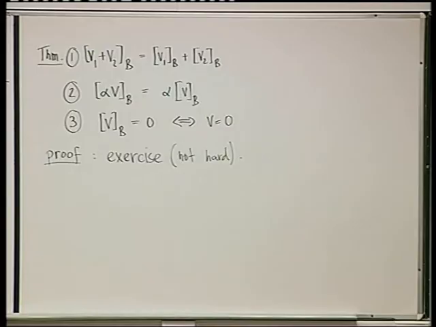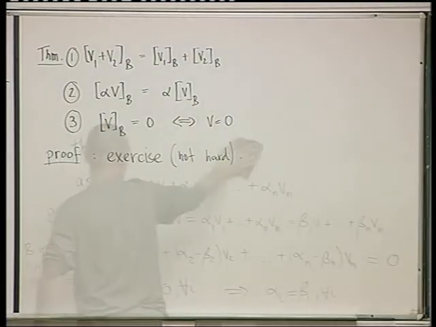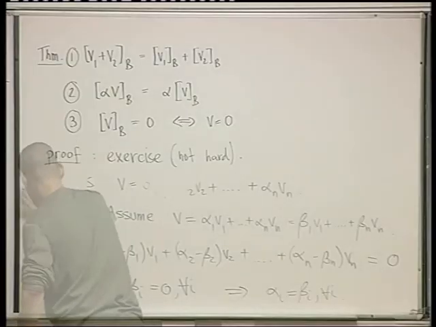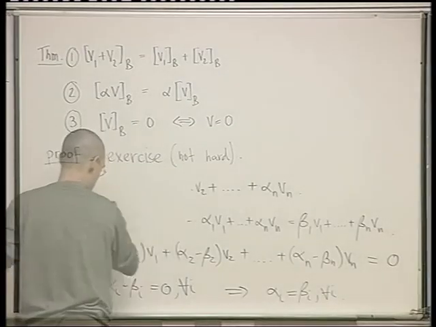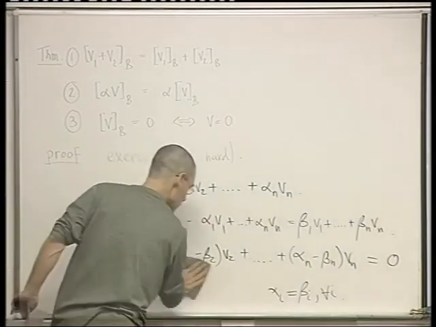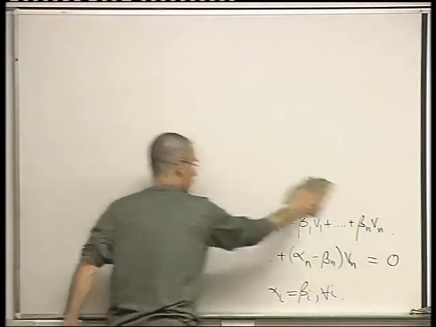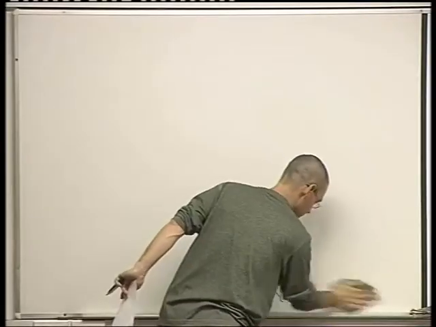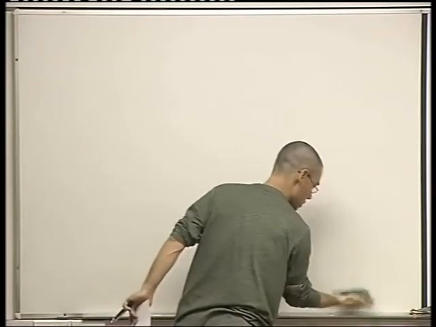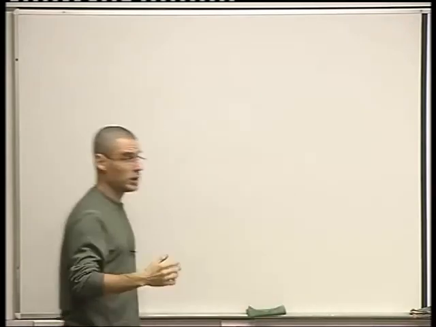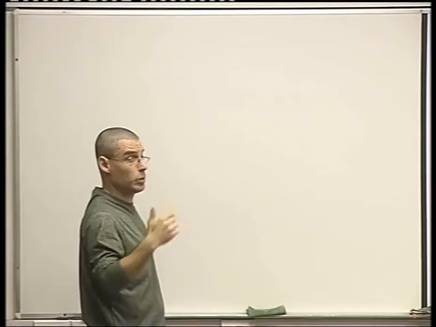So here's the theorem that I'm really interested in, which is going to be a consequence of this, but let's take a new board for it. For example, this one. So the statement is going to be that what you're doing when you're taking a coordinate vector, you're translating the vector into a different language. Instead of thinking of it as 1, 2, 3, you're thinking of it as 0, 1, 2.